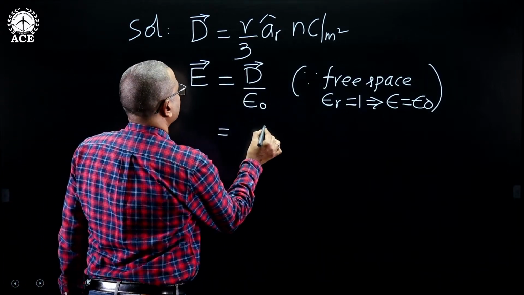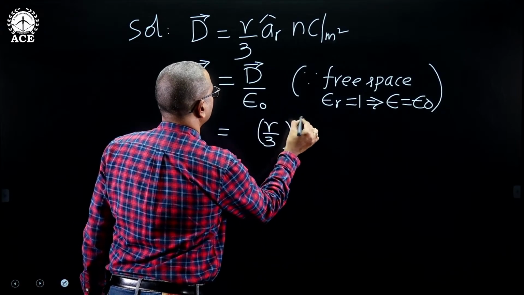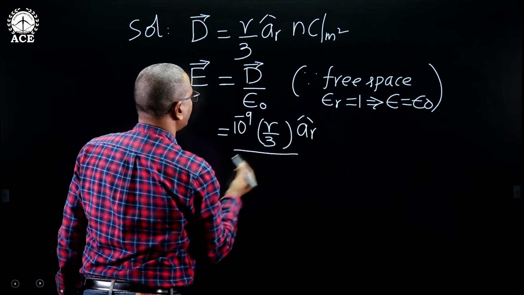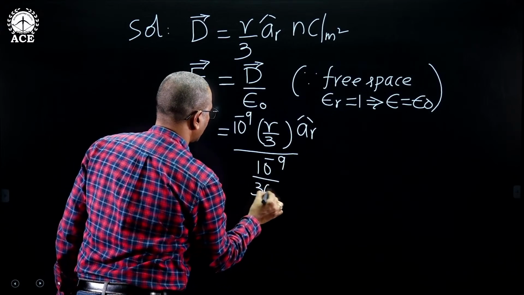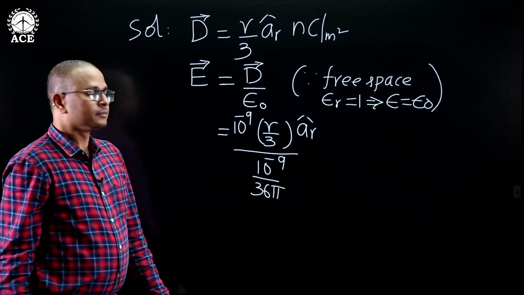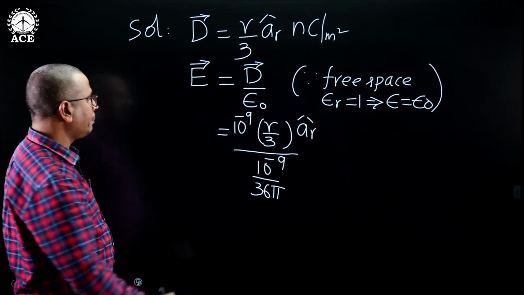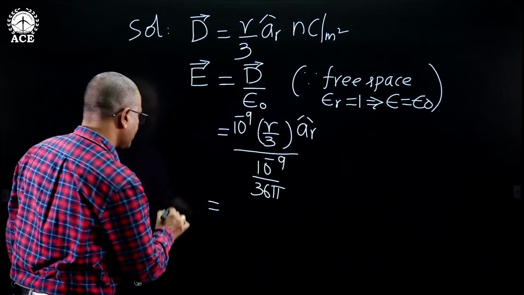Now, what is this? r by 3 ar cap. Nano means 10 to the power of minus 9, divided by epsilon naught, which is 10 to the power of minus 9 by 36 pi. So 3 will come to the denominator, 3 by 36, it is 12 pi, and 10 power minus 9 will be getting cancelled.